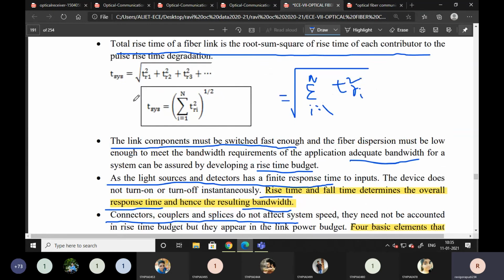Finally, what is our expression? T system is equal to the square root of TR1 square plus TR2 square plus TR3 square plus so on. Here TR1 and so on, in this each time is the receiver.